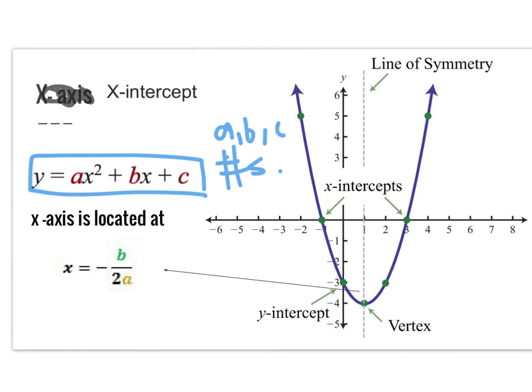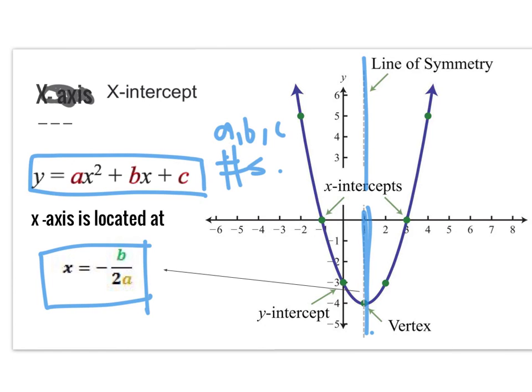Just like the same concept, our parabola could be cut into exact halves, where they're going to have the same distance from here to here, here to here. So we call it a line of symmetry because they are symmetrical. And there's a way for us to figure out where the line of symmetry is located, and our equation is given right here. How wonderful. So how do we figure out the line of symmetry? We use this equation, x equals negative b over 2a.